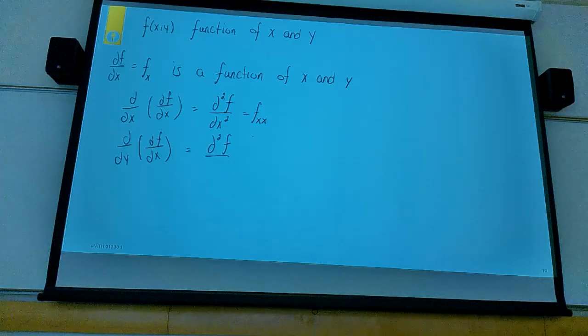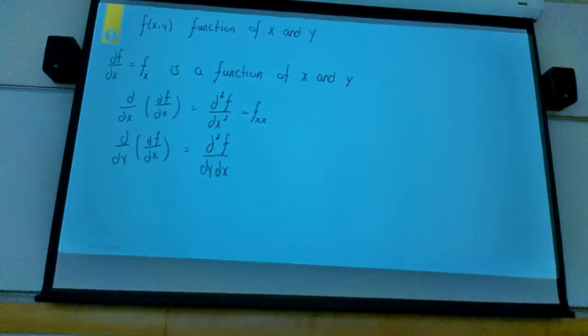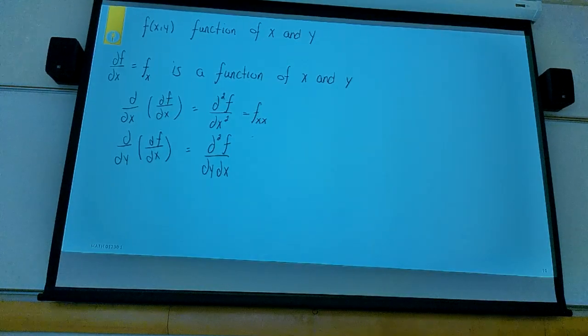Now here's where you have to be careful. The order in the denominator. The proper order is read right to left. So that second order partial would be the partial first with respect to x, and then with respect to y. I'm not at that theorem yet.